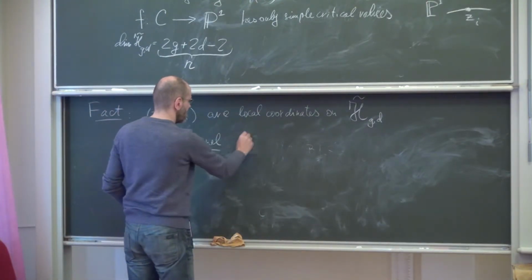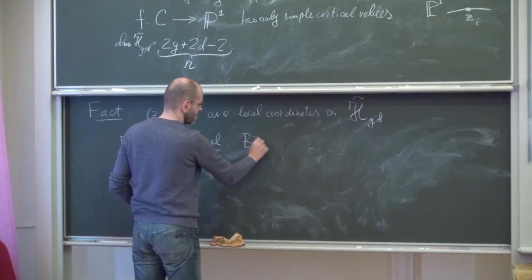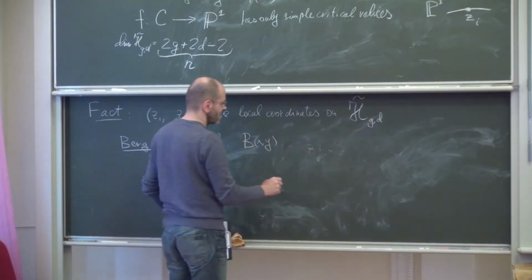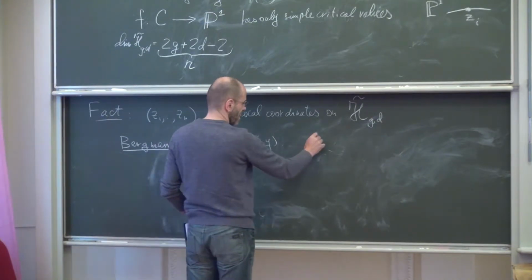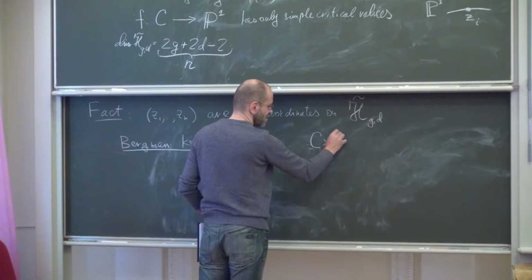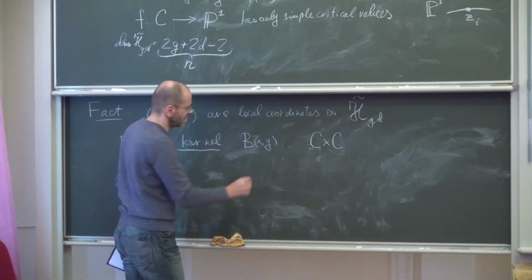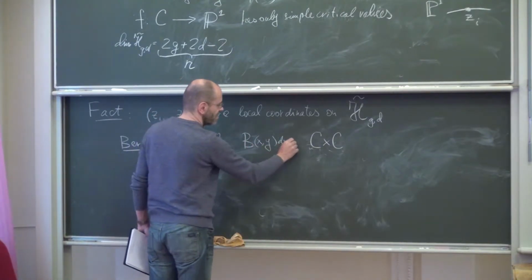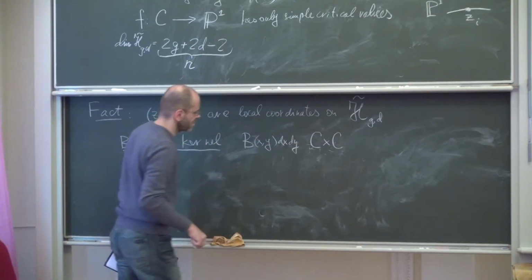The Bergman kernel, let's denote it by B(x,y), is a bidifferential. It lives on the product C cross C, and it's a one-differential with respect to each of the variables.